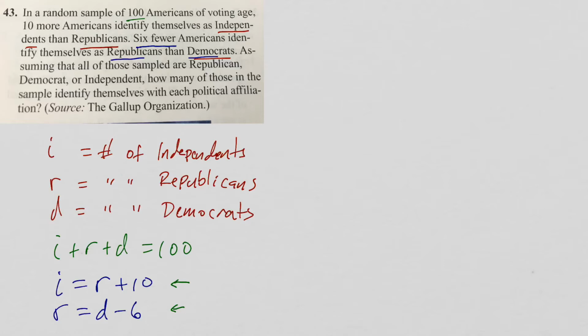I guess I'll eliminate R. Okay, so let's bring this up here. And I'll say that negative R plus I is equal to 10. And I'll bring this one over here.